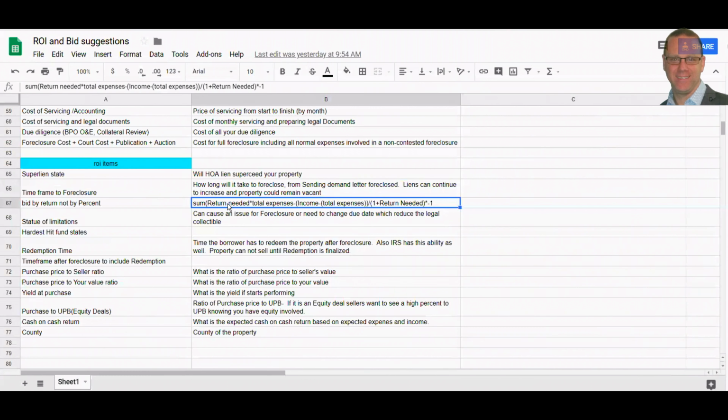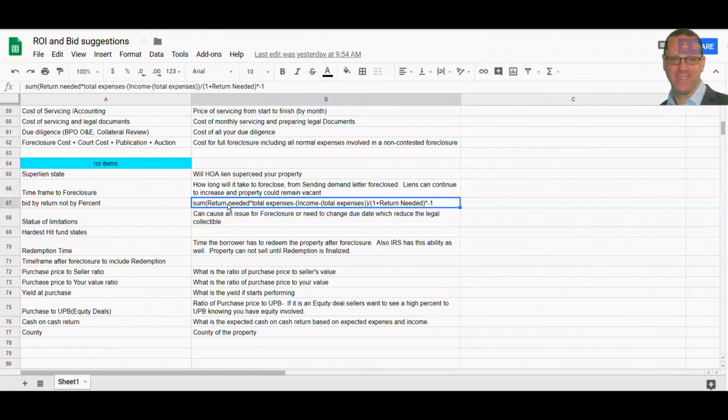What we factor in is that we want this return. What would our bid need to be to make that return happen? Based on all the expenses and all the expected income, this is the return I would like to have. Be it 2%, be it 200%. That's the formula we use to calculate that.